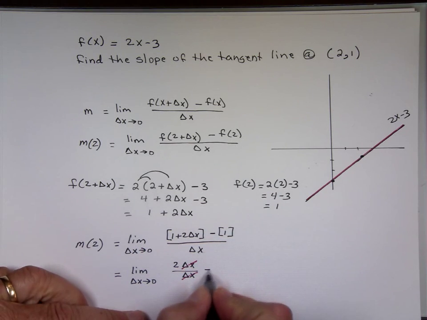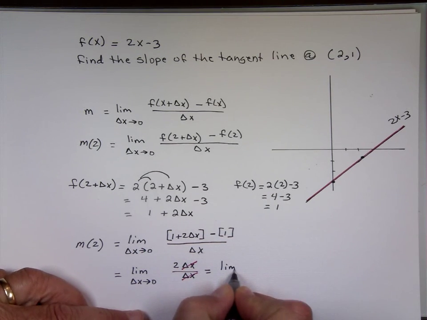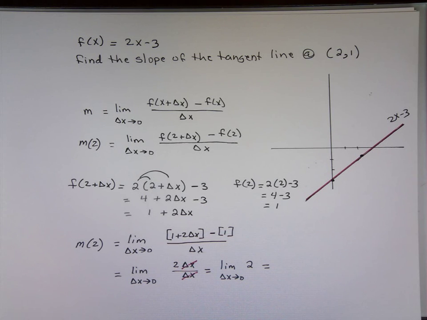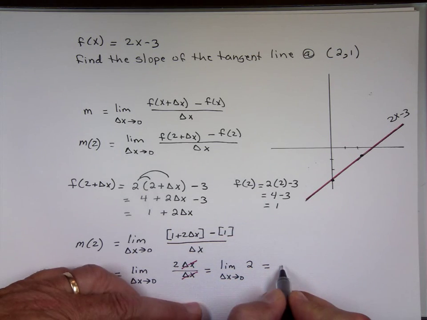It becomes the limit of 2 as delta x approaches 0. Direct substitution says every time you see delta x, replace it with 0. You leave the numbers alone. There is no delta x in the answer. The 2 is always a 2. So what's my answer? 2.